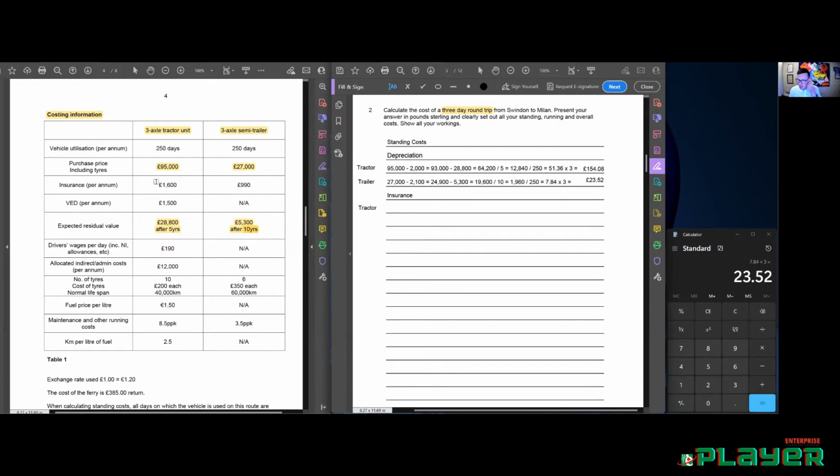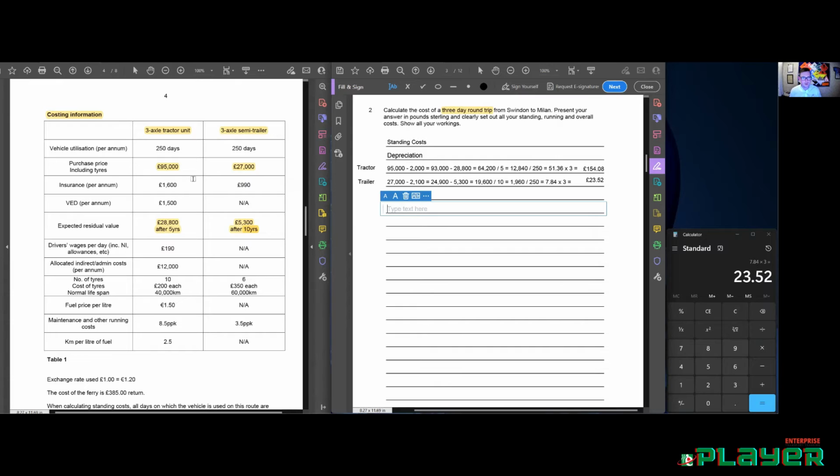The way I'm going to work out my insurance in this case, you can do it 2 ways if you want. You can take 1,600 and add it to £990, which gives you your overall insurance, which is what I'm going to do. With depreciation I couldn't do that, I had to work the 2 out separately. But in this case I'll lump the two together.